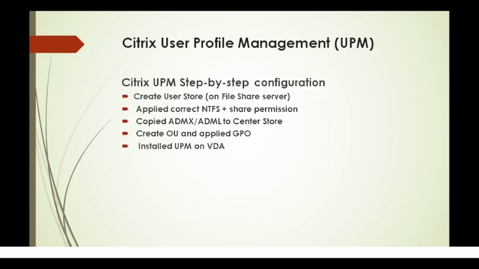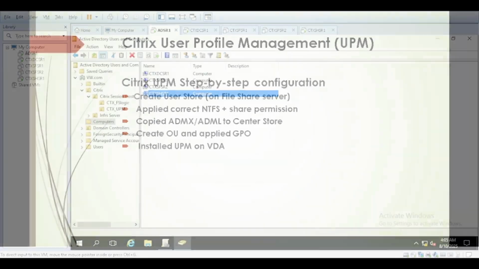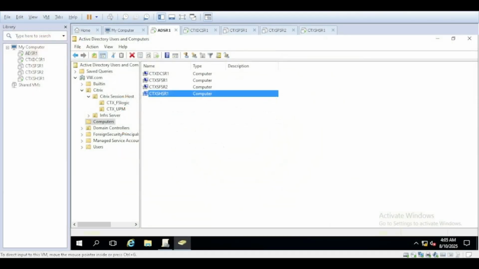So the ADMX files are copied now, and our group policy is ready. We need to create an OU, create one group policy, and apply that policy to the OU.